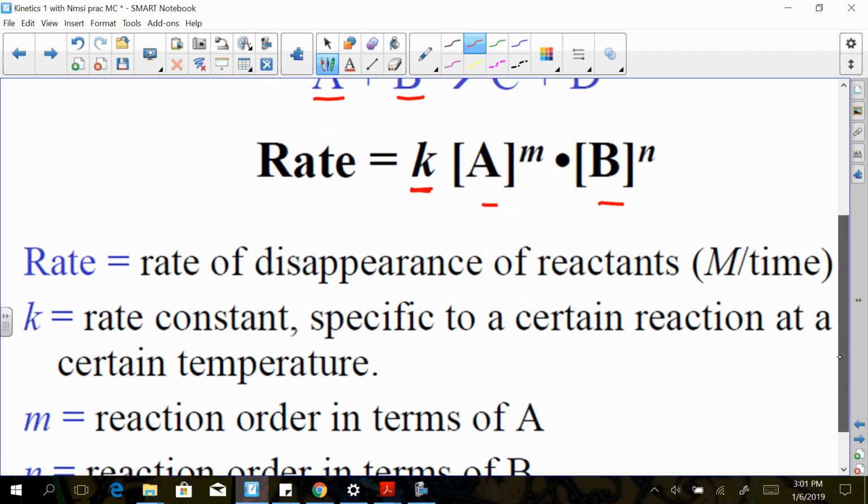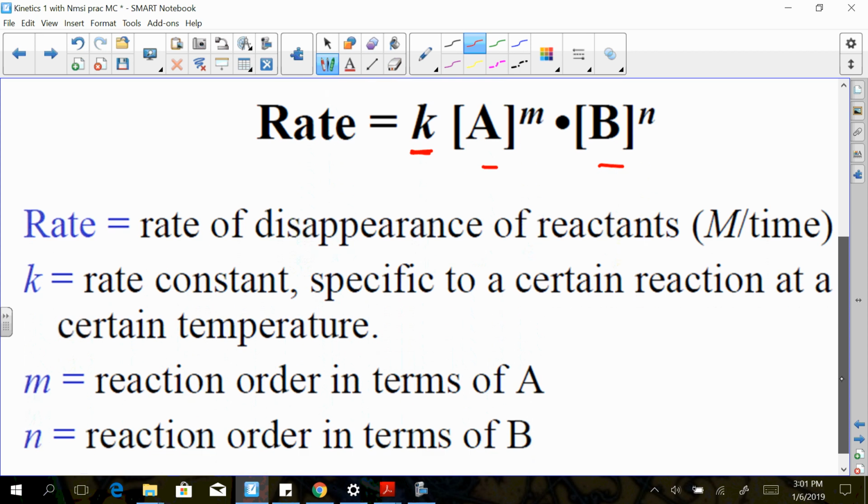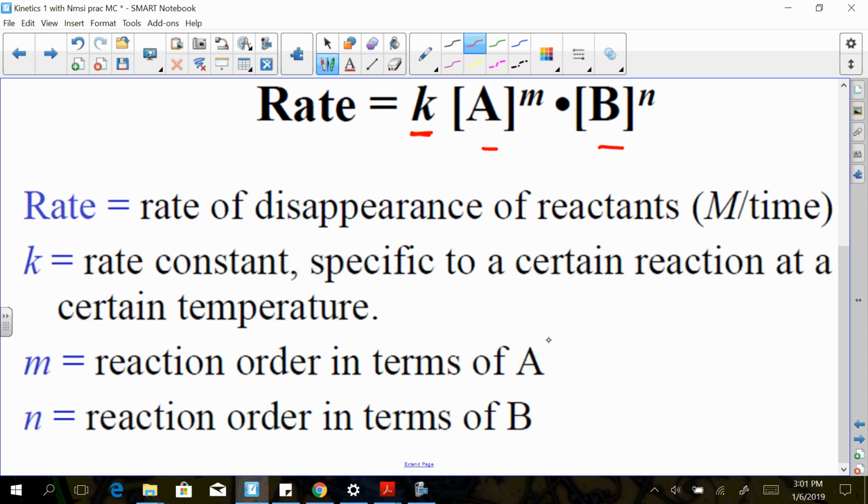Now, and this is big, this is one of those things that students tend to get wrong. Unlike equilibrium, M and N are not coefficients. Those are not coefficients.